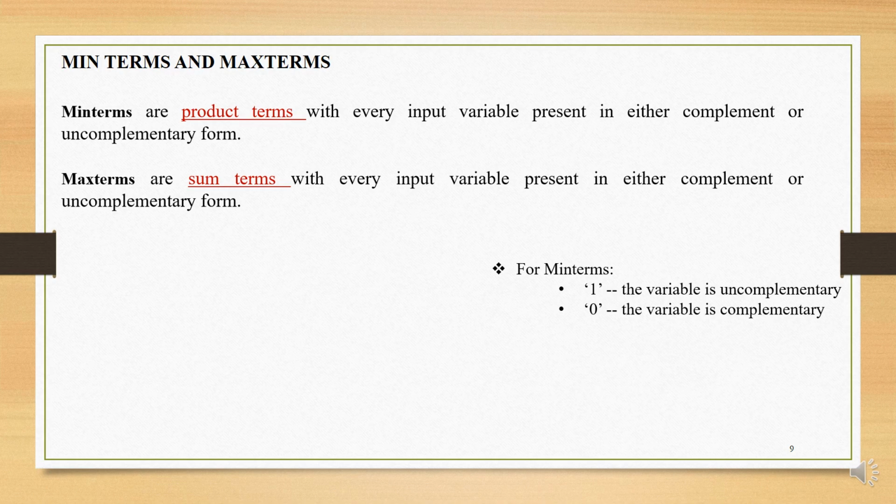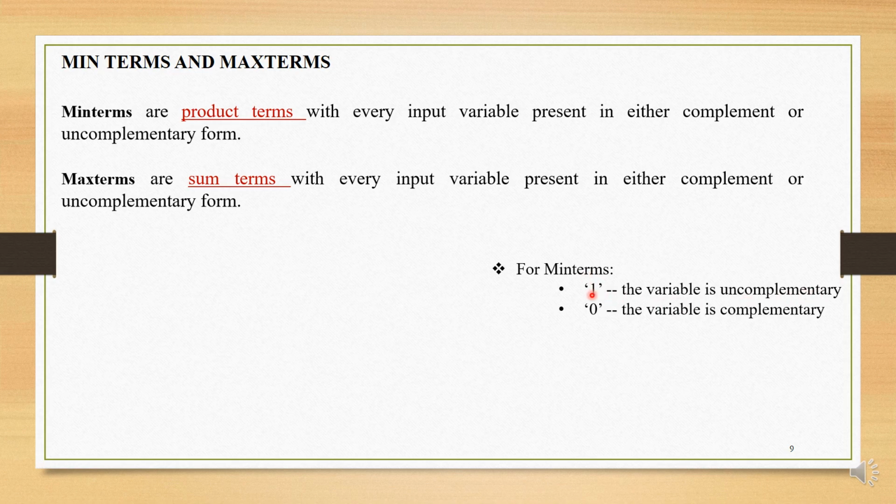Let us now see how to represent different minterms and maxterms. Before we write the expressions, first let us learn how to represent binary values 1 and 0 in minterms and 1 and 0 in maxterms. First, for minterms, 1 is represented by a variable which is considered as uncomplementary.